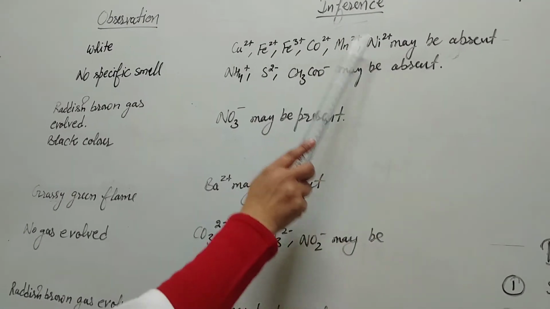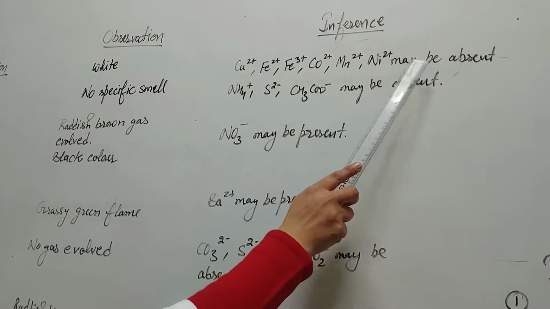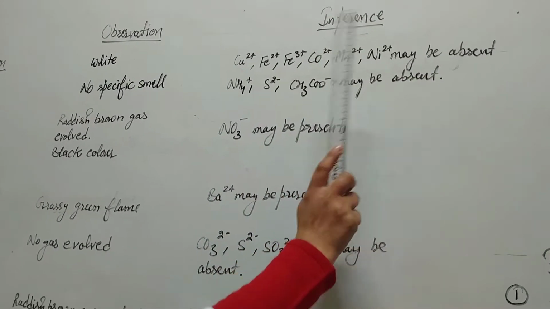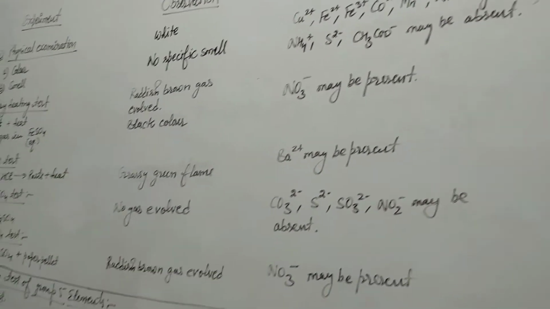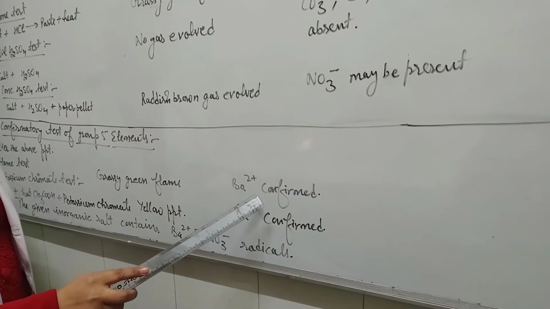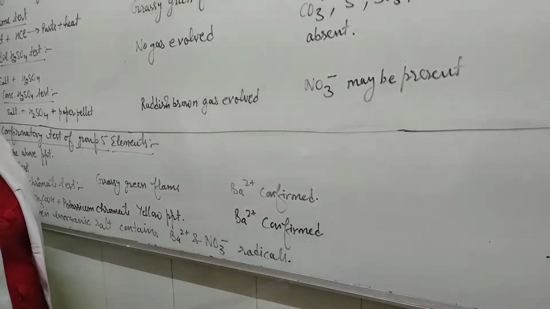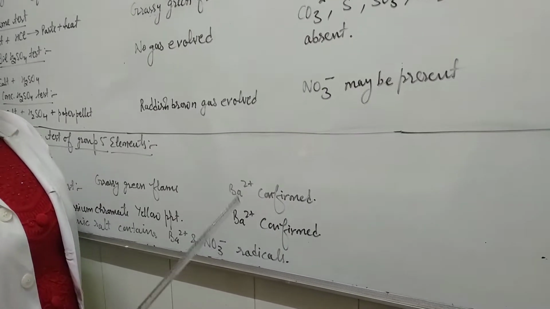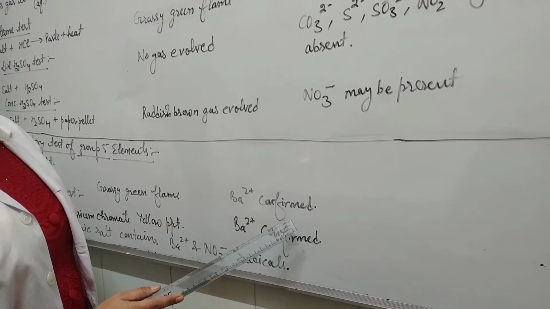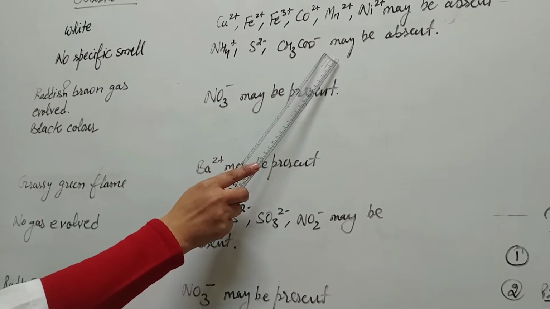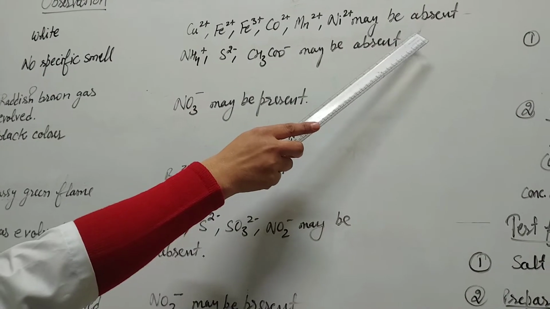We always write in the inference "may be absent" or "may be present", and at the end we will confirm it. Then we will write barium confirmed, or whichever cation or anion we perform. At the end we will write confirmed, but in the initial stage we always write may be absent.